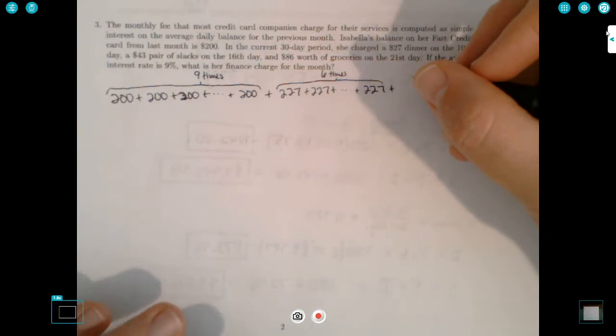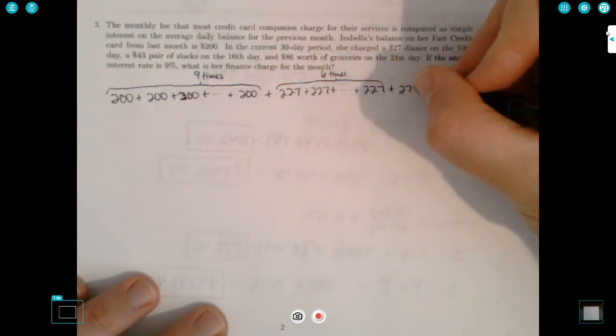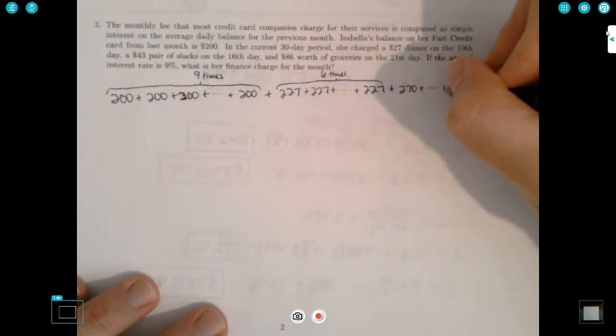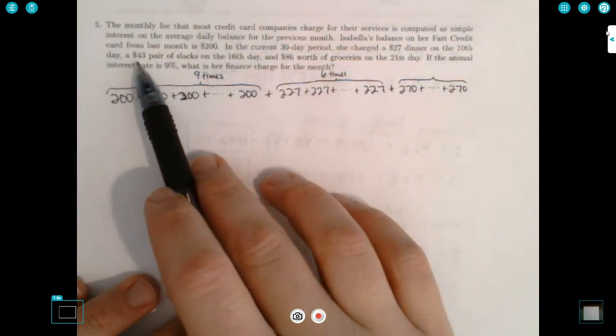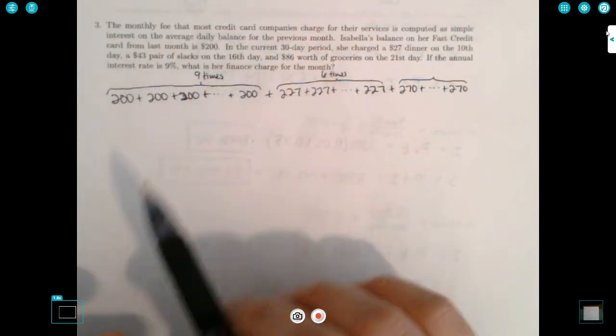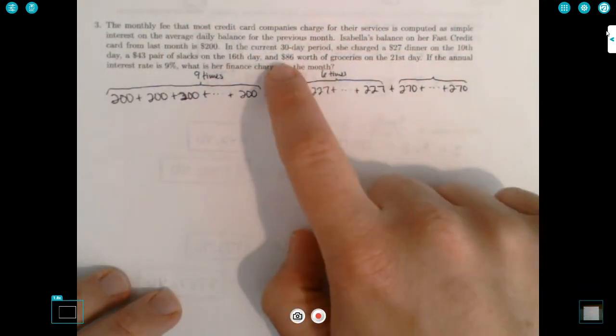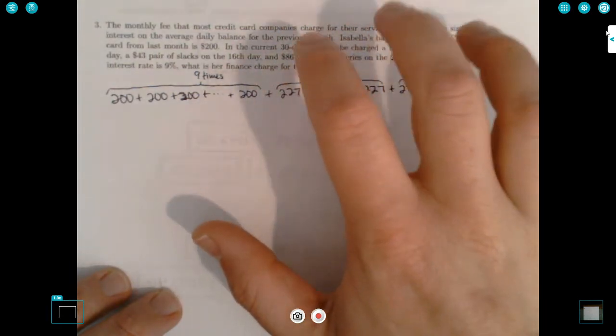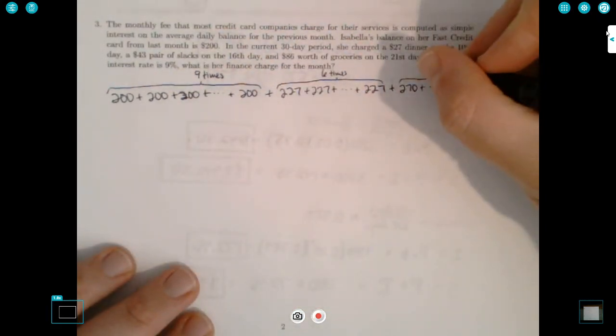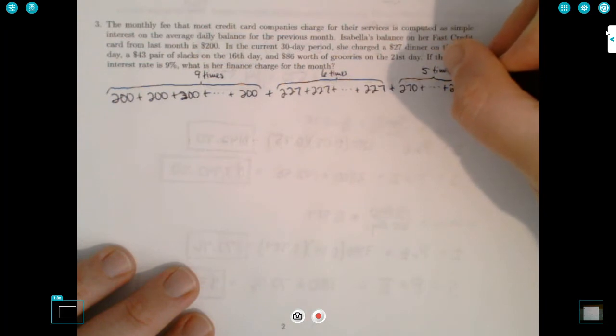Then she charges $43, so it's going to be $227 plus 43. That's $270. How many days is her balance equal to 270? She makes this charge on day 16, and then on day 21 it's going to change again. So it's days 16, 17, 18, 19, 20. So 5 times.